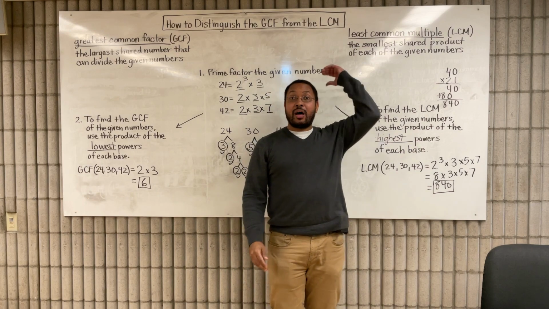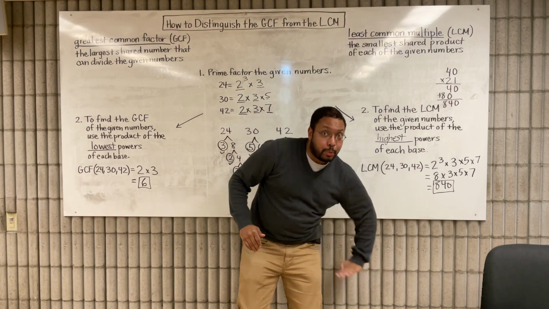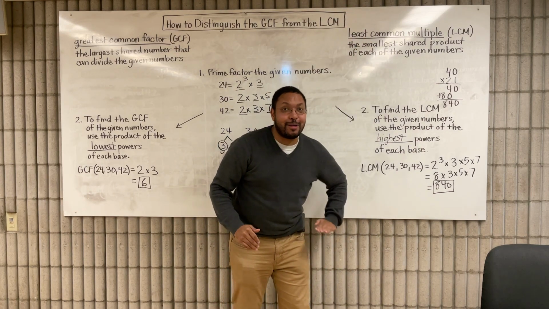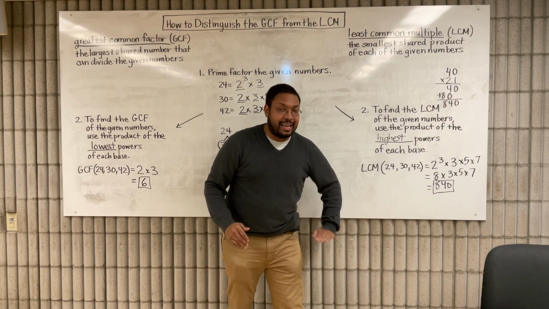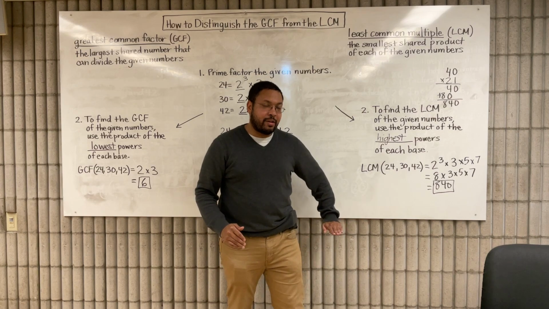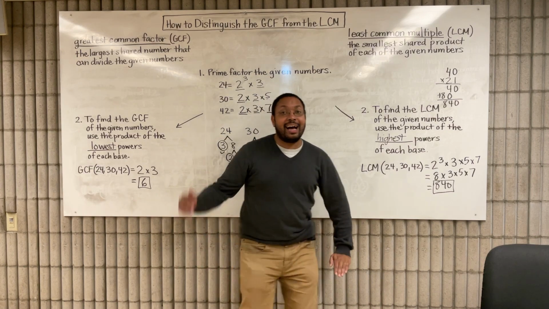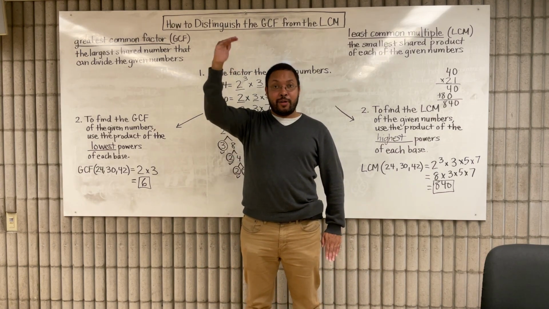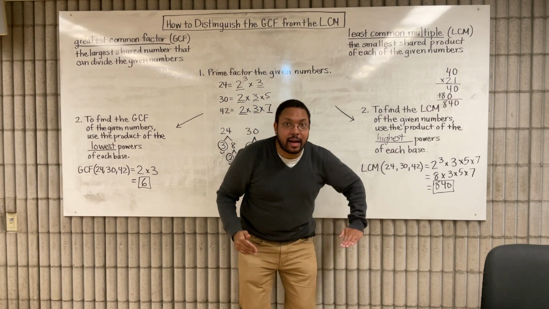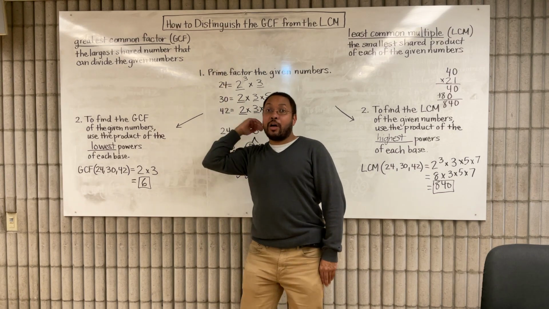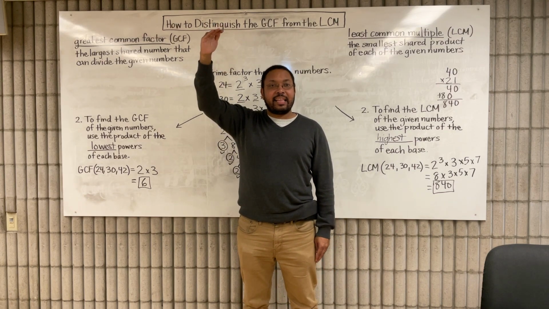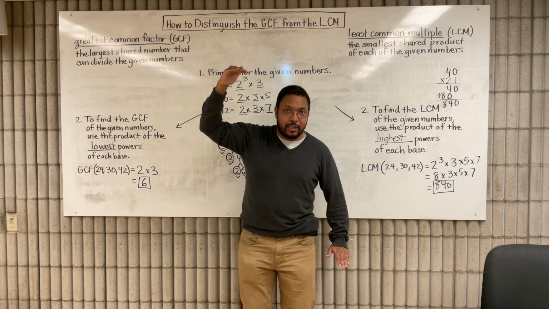To find the least common multiple, you're going to find the smallest shared product of all the given numbers, you're going to take the highest power of each different base. To find the least common multiple, take the highest power of each base. To find the greatest common factor, take the lowest power of each different base.